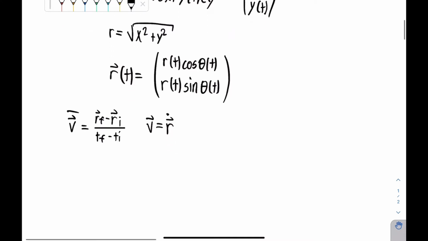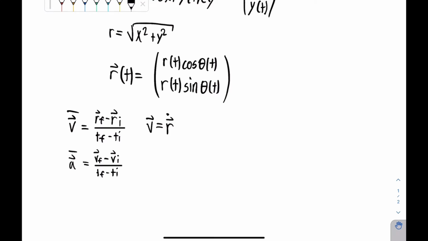To find the average acceleration, we do a similar process except with the velocity. So we take the final velocity minus the initial velocity over the final time minus the initial time.